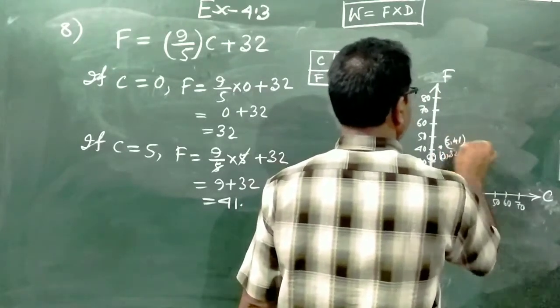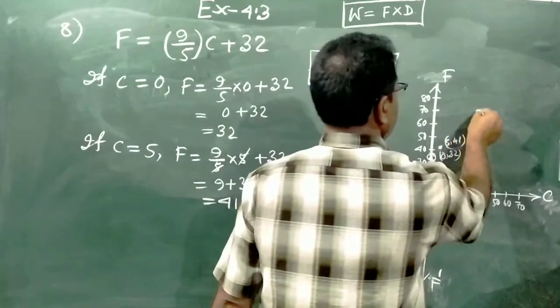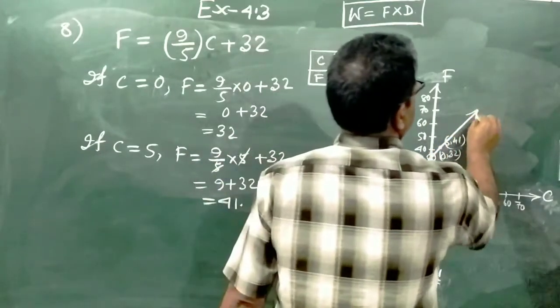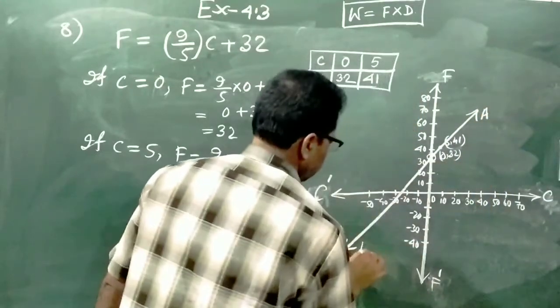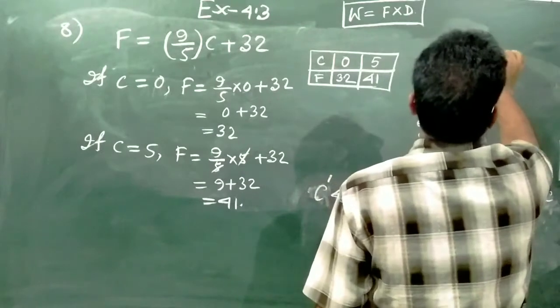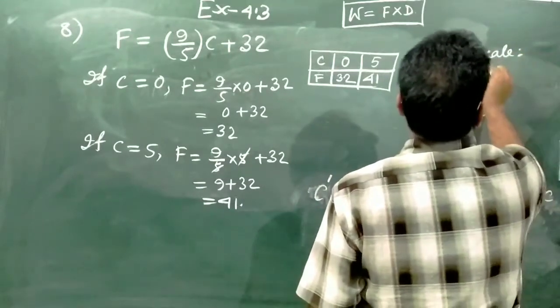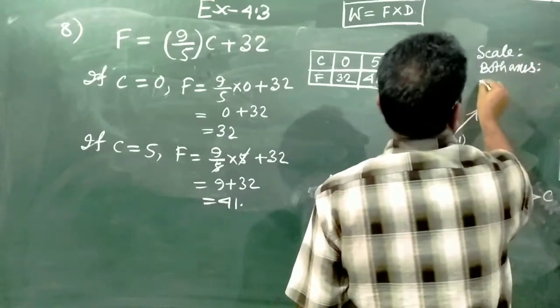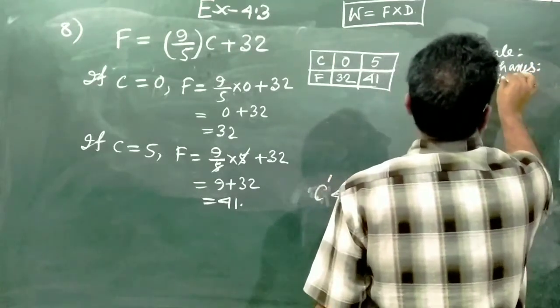5 and 41. Now these two points join and extend both sides. Name that straight line as AB. Now the scale is to be written here. Scale: on both axes we have taken 10 divisions equal to 10 units.